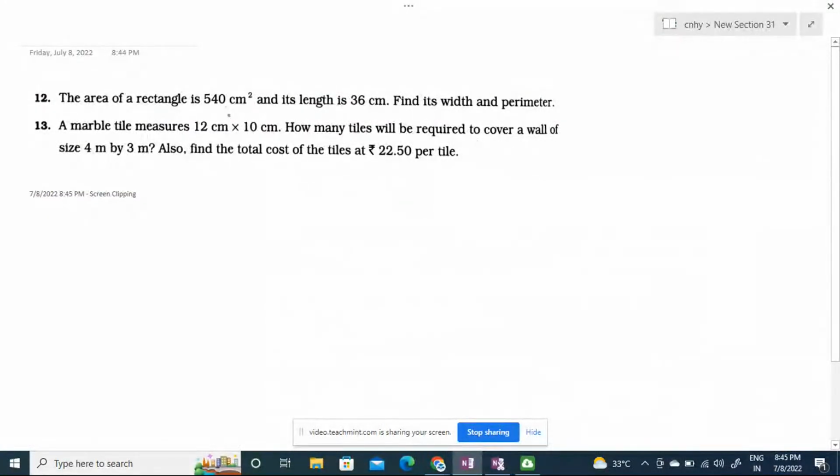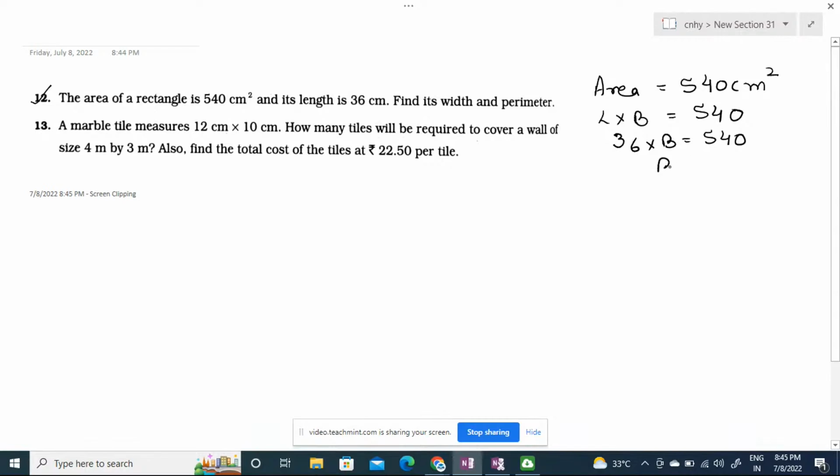Area 540 cm square. I think it's an easy one. We have to find the width. Length is already given. So area is length into breadth, which is equal to 540. In place of length, we can write 36 centimeter, into breadth is equal to 540.